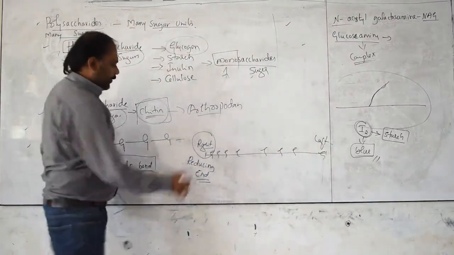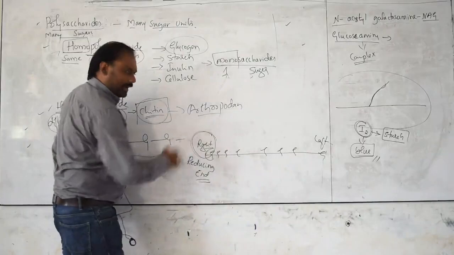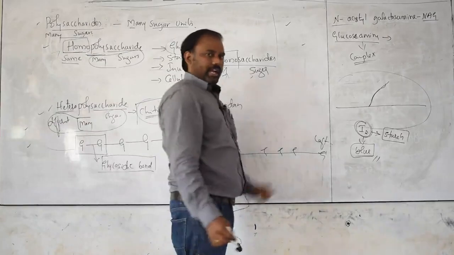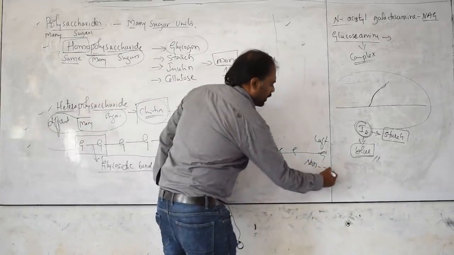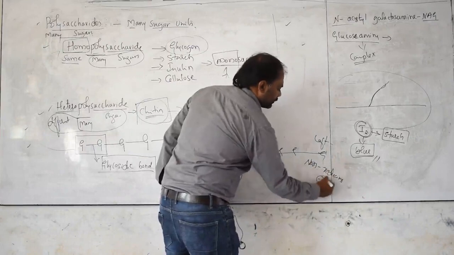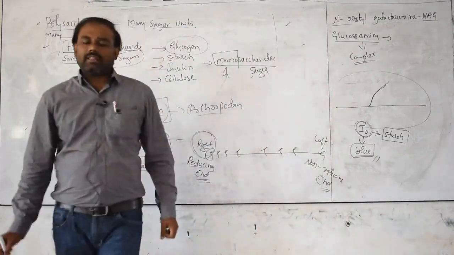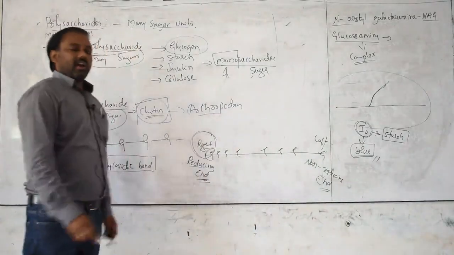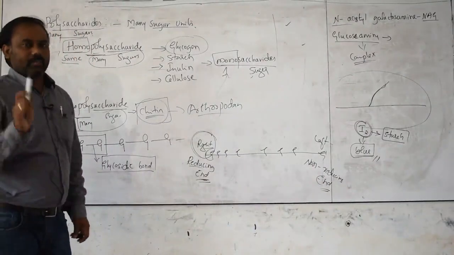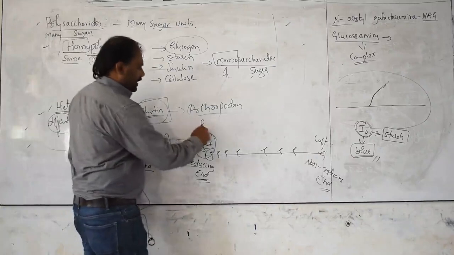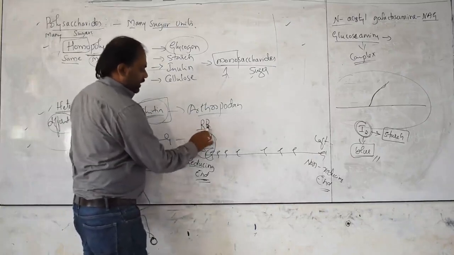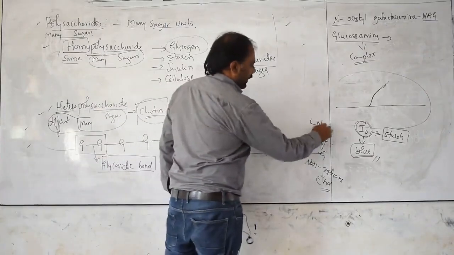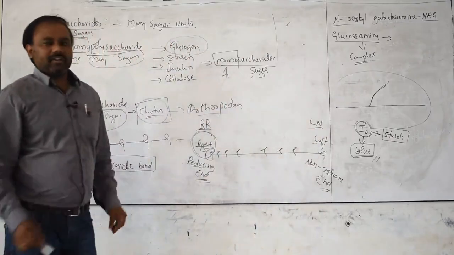If you consider this glucose as the right side, this is the reducing end, and the left end is considered the non-reducing end. Clear? So the right end is called the reducing end, and the left end is called the non-reducing end. Very simple to understand. Consider RR, that is, right side reducing end, and left side, that is LN, left side non-reducing end.